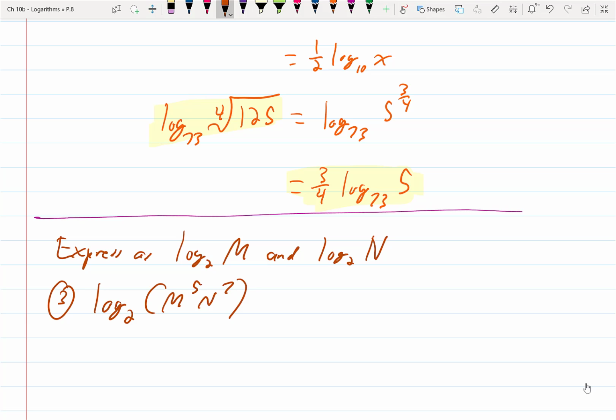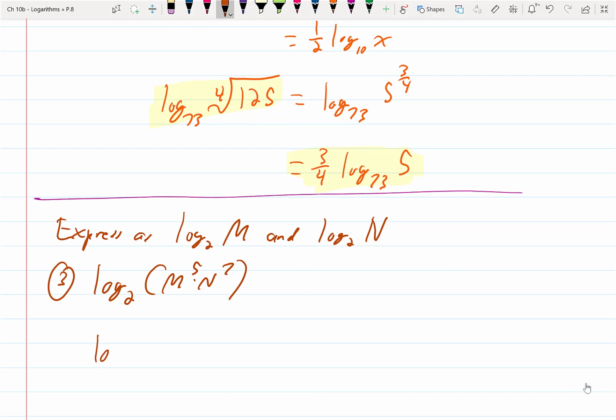The reason this might happen is because if I'm going to put things into a mode that is very calculator ready and very efficient at being done by hand, I actually want to break them up into smaller log expressions. So what I'm going to do here is I'm first going to see that there's a times sign in between the m to the 5th and the n to the 7th, which means that this is the log base 2 of m to the 5th plus the log base 2 of n to the 7th.